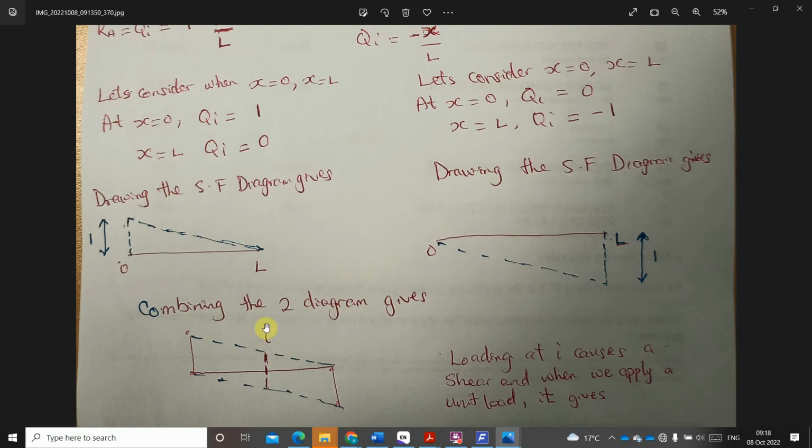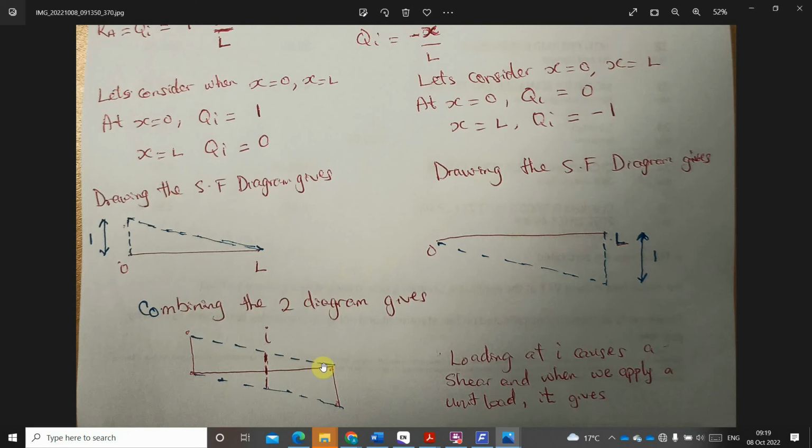So what we observe from this is that the influence line we are going to consider, if we are considering this member A, we take this portion of the influence line, and if we are considering the portion B, we take this other side of the influence line. So if we combine that, we are going to have this particular diagram for what we are going to consider.